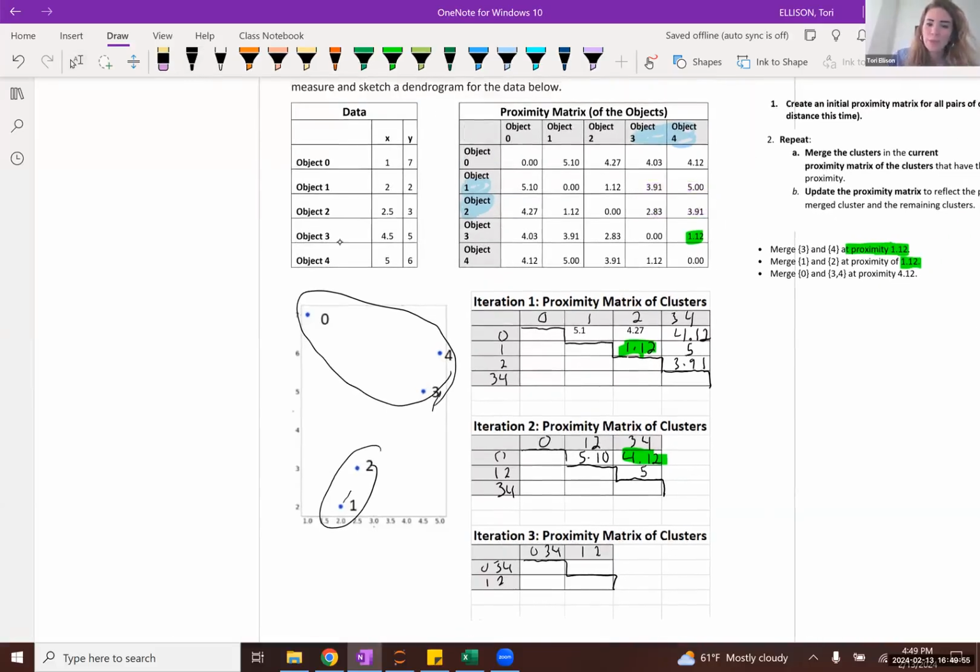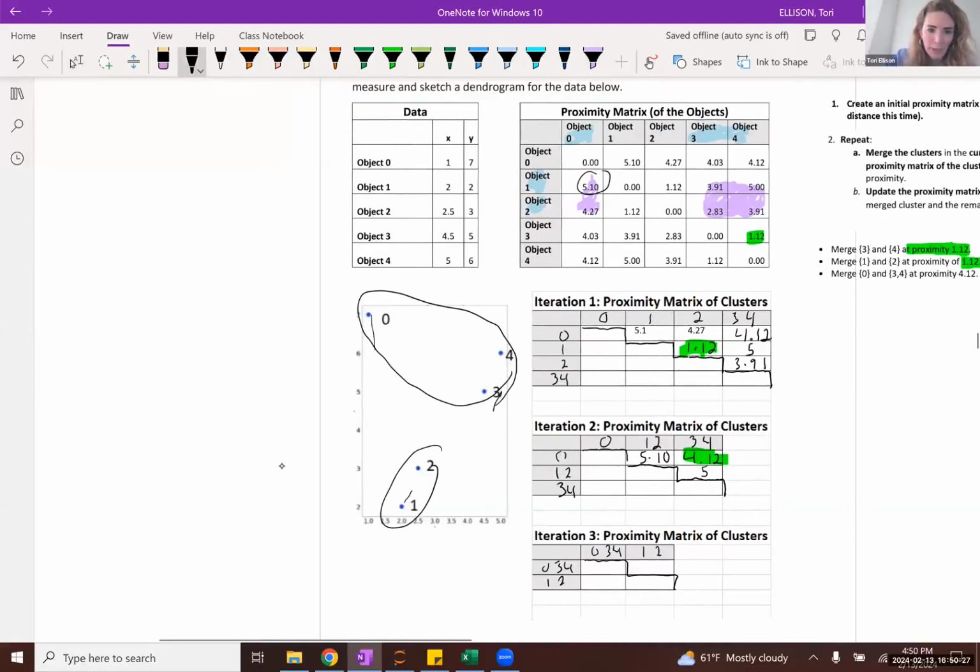And so the distance between 0, 3, 4 and 1, 2 is going to be the two furthest away points in those two clusters. So that would be object 0 and object 1. So that would be the proximity of those two clusters.